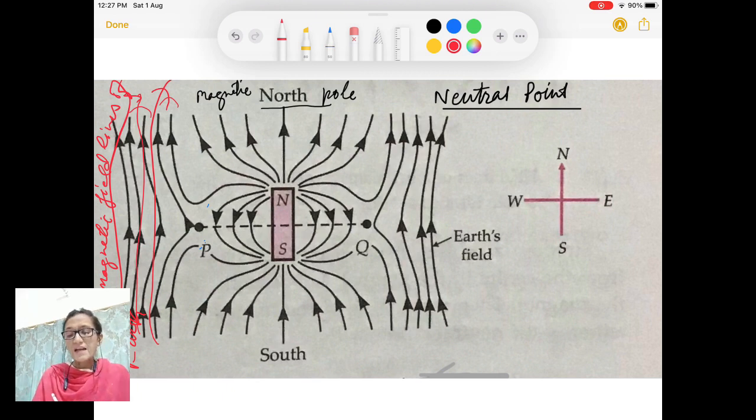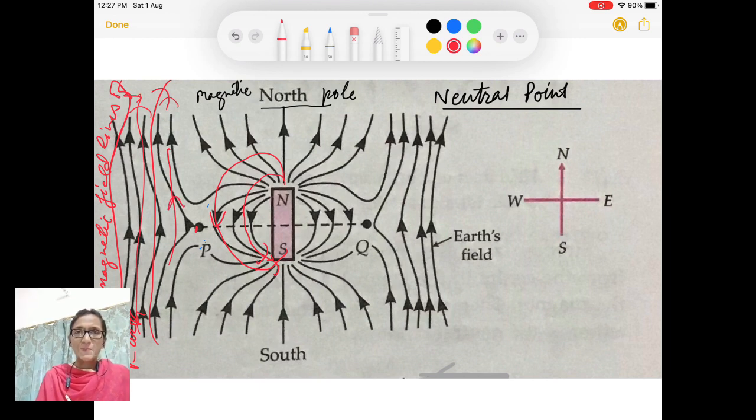Whereas the magnetic field lines of this bar magnet run from north pole to south pole in this way. So at a point on the perpendicular bisector, you can see the fields are in opposite directions. The field due to the bar magnet is towards the downward direction and the field due to Earth is towards the upward direction.